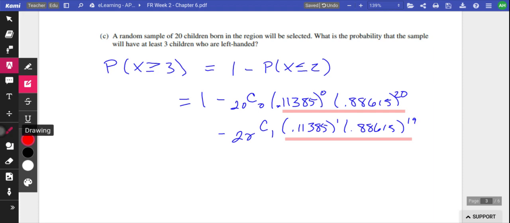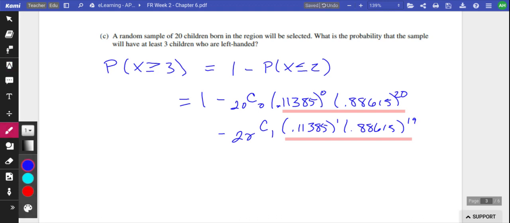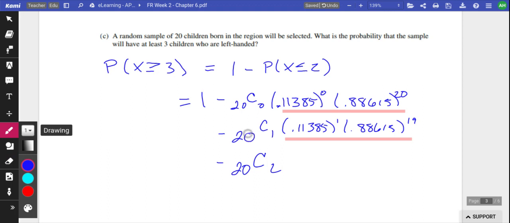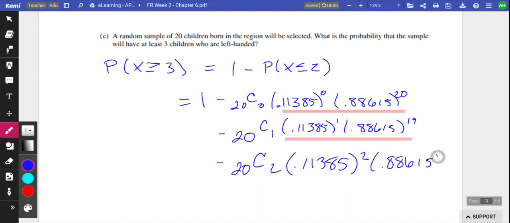So anyway, all right. And then 20 choose 2. This, by the way, is as ugly as it gets that you will ever see. And then same thing. And remember, it's not showing work, it's demonstrating that you know what you're doing.